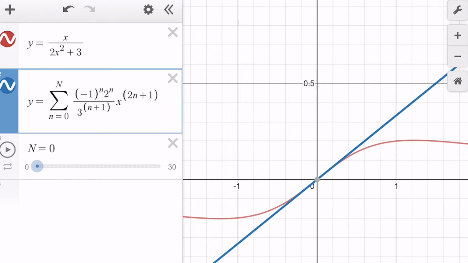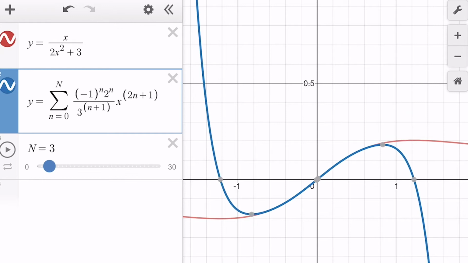So this is actually just the first term of this series, which is the line y equals x over 3. And you can see it is tangent to the function at 0. And as we drag the capital N slider to the right, we're going to look at more and more partial sums, and we're going to get even better and better polynomial approximations of the original function.